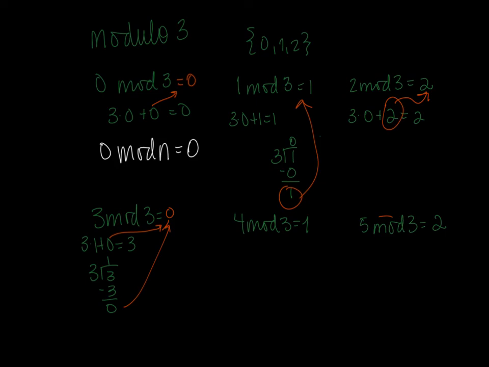So I want you to notice some things. Mainly what I want you to notice is that 2 and 5 give the same answer when we look at them with regards to modulo 3. And the difference between 5 minus 2 is 3. This is all very interesting and actually leads us to be able to define equivalence with regard to modular division.